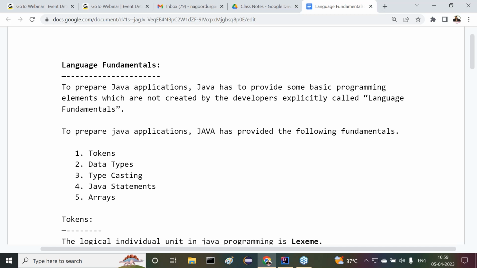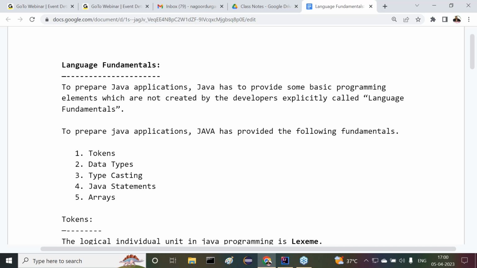Among all the resources, some are created by the developers and some are not created by the developers here. Observe carefully.